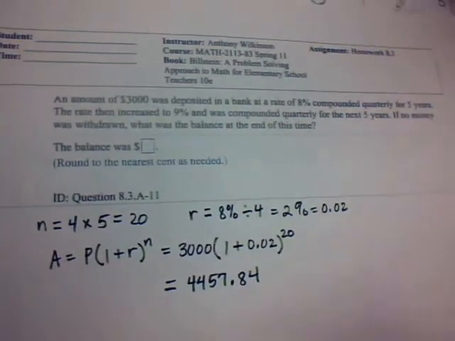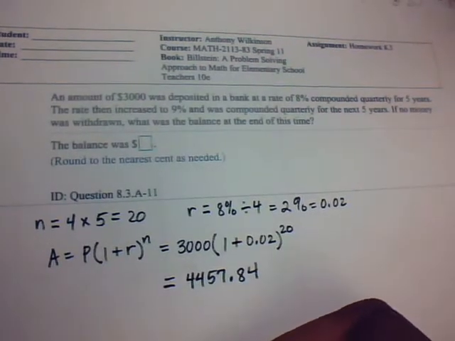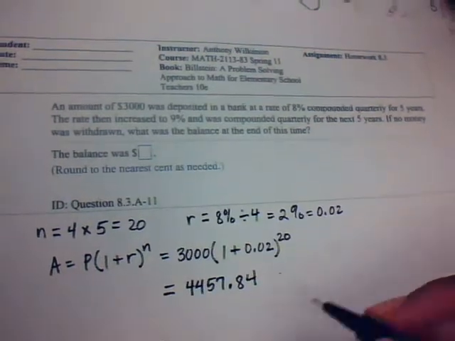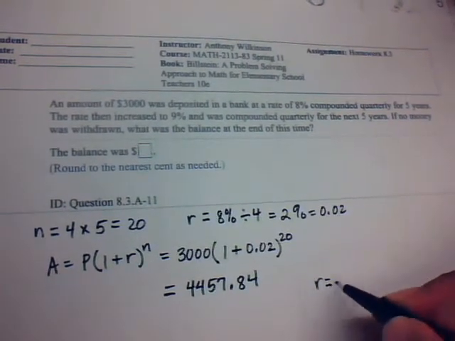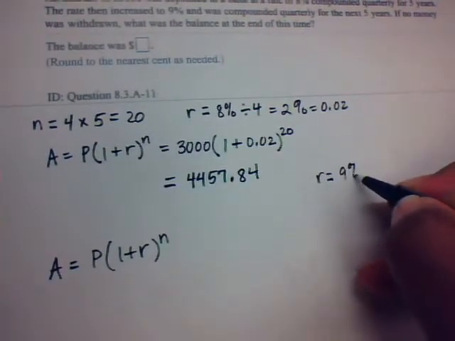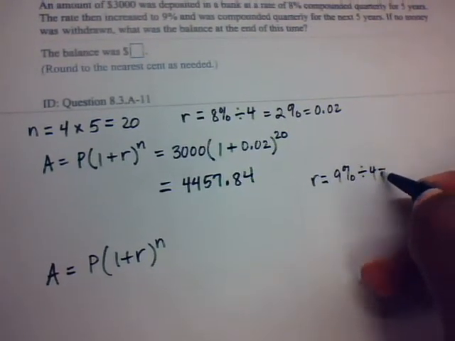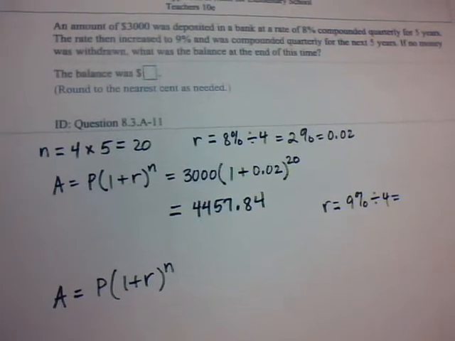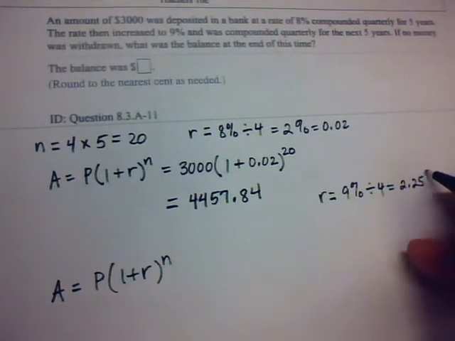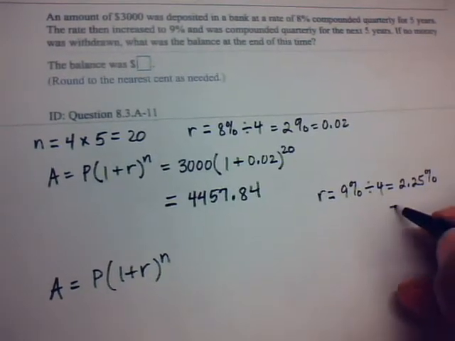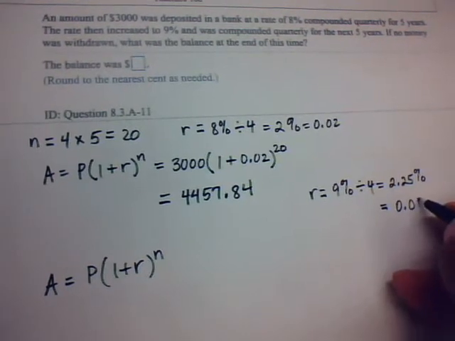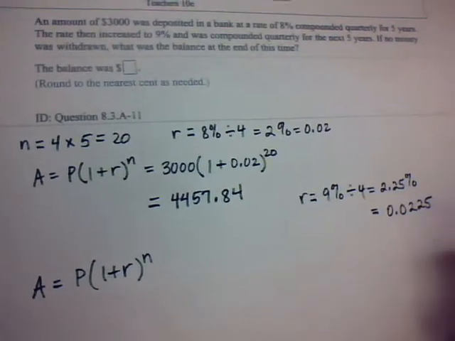And we're still going to use this formula. But this time our new interest rate per period is going to be this, 9%, and we're going to divide that by 4 because it's still compounded quarterly. That'll give us 2.25%. Now 2.25% as a decimal will be 0.0225.